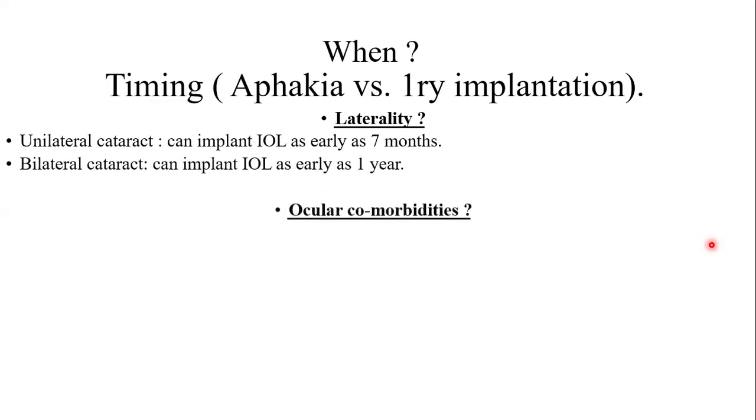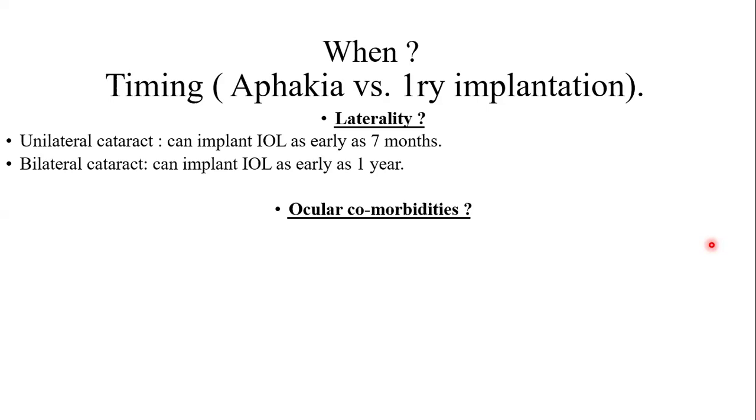Okay? And always remember the ocular comorbidities. So sometimes you cannot implant, even if the child is beyond that age. What are those ocular comorbidities? Microphthalmos, microcornea, exactly. So if the axial length is less than or equal to 17 millimeters, you cannot implant.